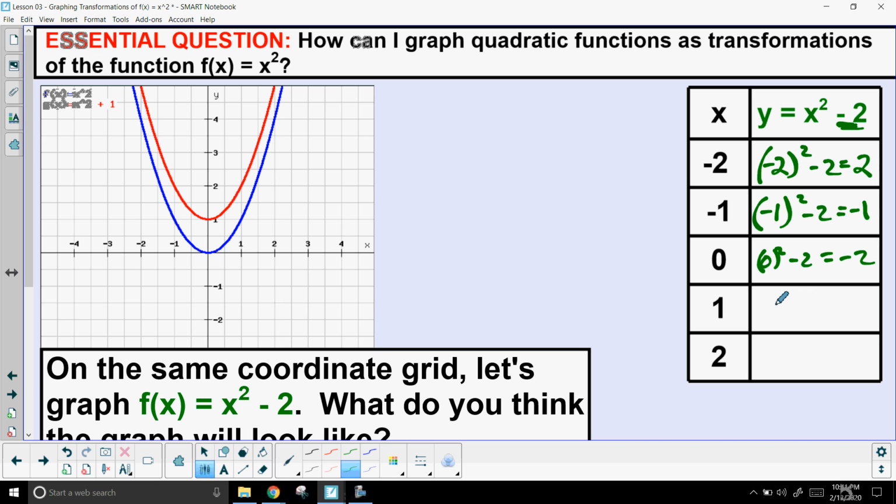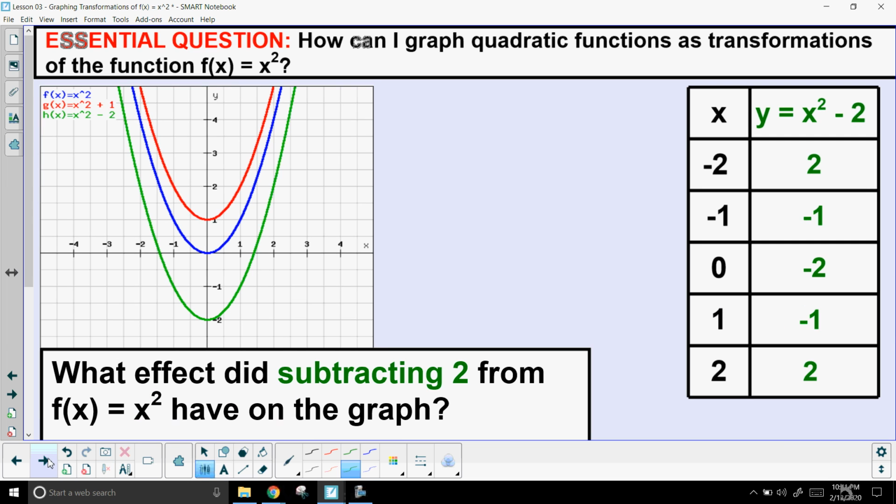And that's right. We'll have a pattern. Good, glad we're seeing the pattern. Plot your points. And as you can see, it did go down 2. So subtracting makes the graph move down.